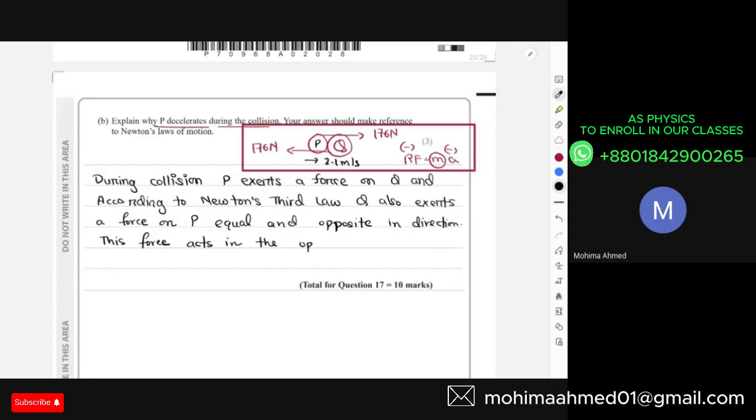This force acts in the opposite direction to the motion of P.